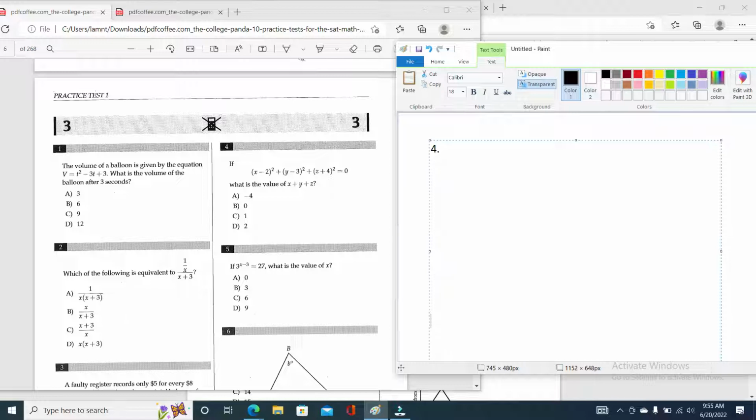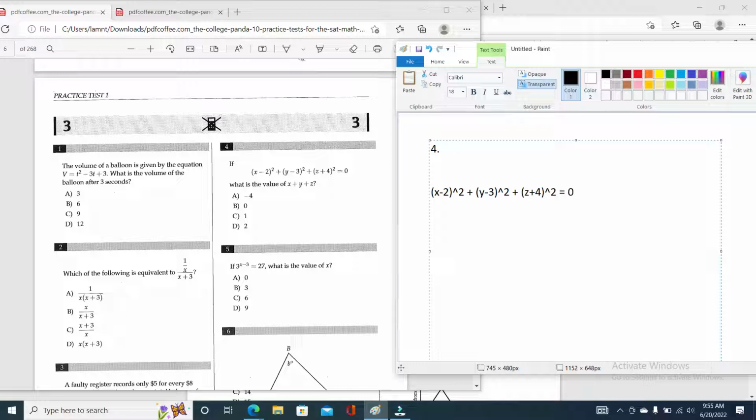We are given the equation: x minus 2 squared, plus y minus 3 squared, plus z plus 4 squared, all equal to 0.